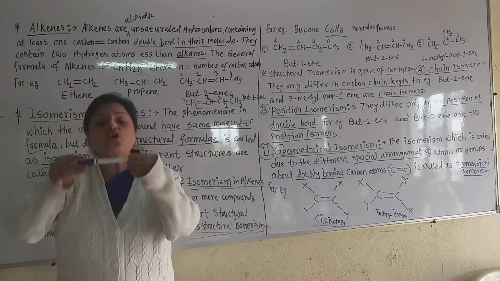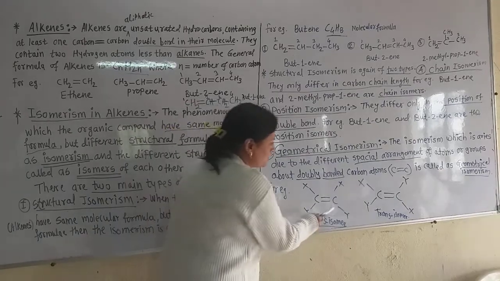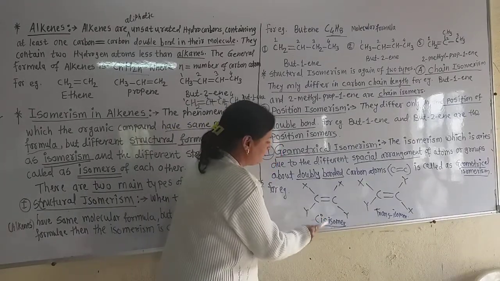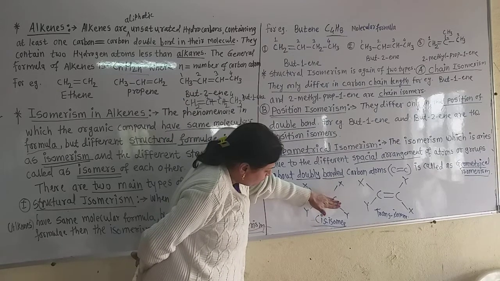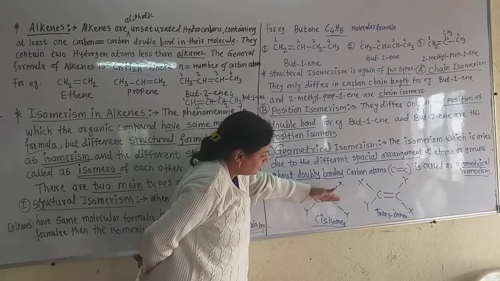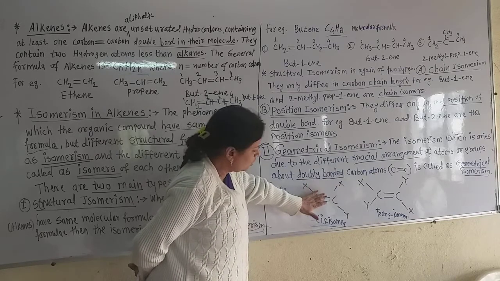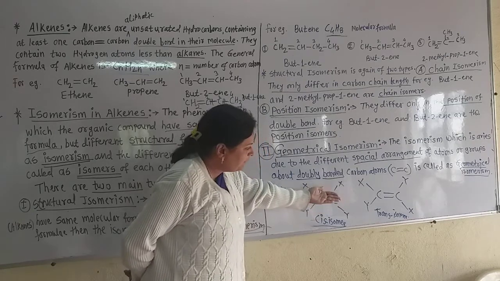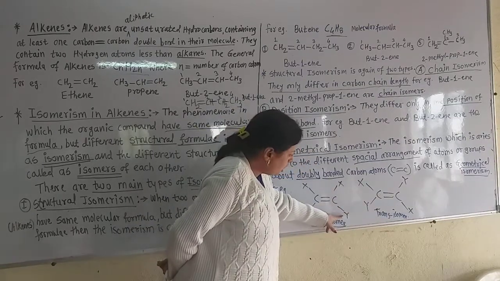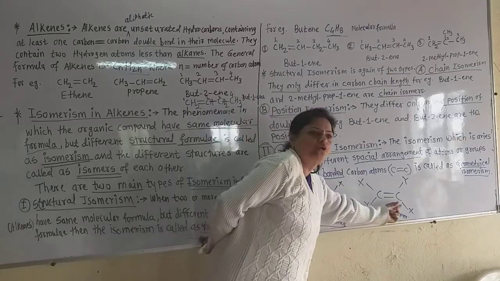But if I rotate only one carbon, suppose I rotate this second carbon, okay? See here. Now I rotate this second carbon through 180 degrees only. The first carbon remains as it is. Do not rotate that. Only rotate the second carbon through 180 degrees. What happened? The lower group goes to the upper side and the upper group comes to the lower side.